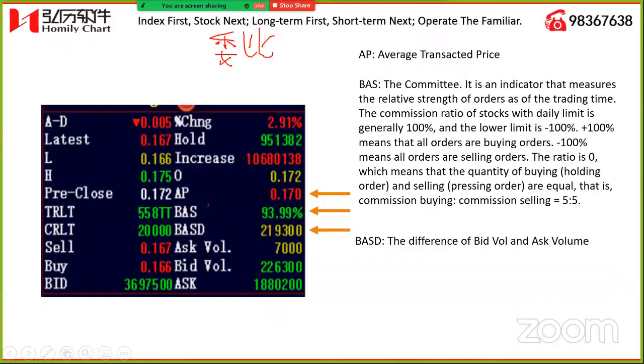It is an indicator that measures the relative strength of orders as of the trading time. So the commission ratio of the stock with daily limit is generally 100%, and the lower limit is minus 100%.